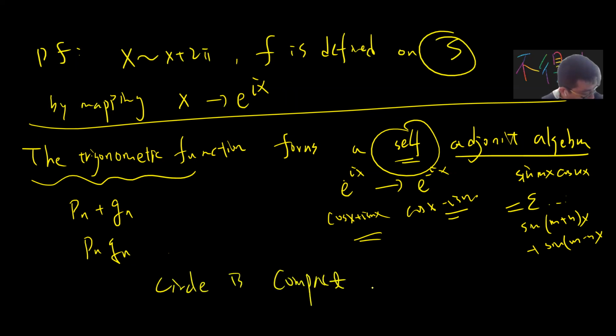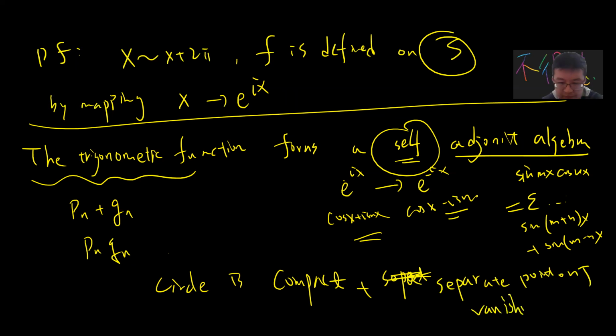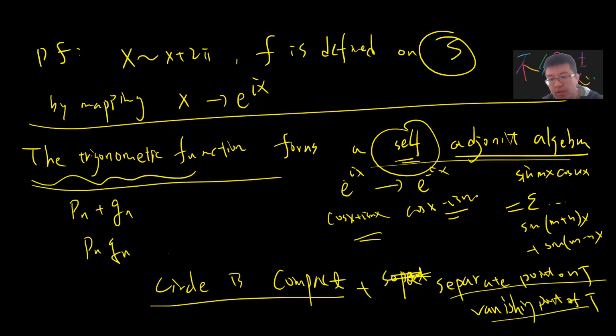Plus, we need that it separates points. This is your exercise: to prove that this separates points on T and vanishes at no point of T. I think I already proved it's a self-adjoint algebra on the circle, and you can easily show that it separates points on T and vanishes at no point. Vanishing at no point on T is very trivial, because you take any point: if cosine is 0, then sine will not be 0, and if sine is 0, then cosine will not be 0.